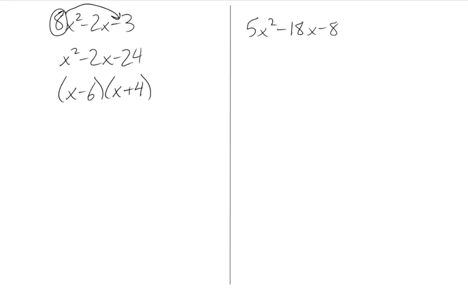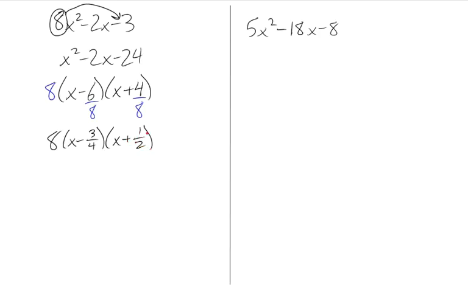So now, just to finish that, my original number was 8, so I'll put the 8 in and divide each of them by 8. Now for this one, let's go ahead and simplify. We get x minus 3 over 4, and then x plus 1/2. Now when we get to this case, we need to split it up.